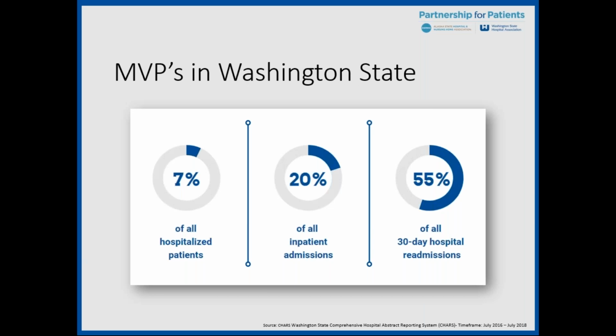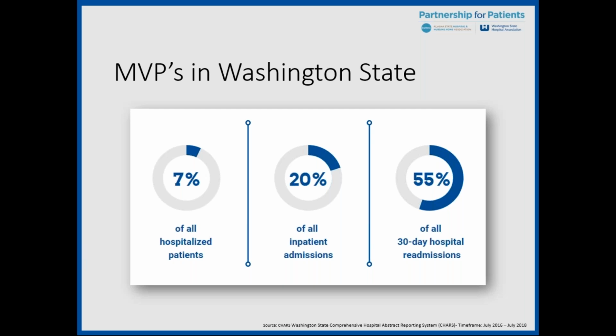So we're able to pull data for Washington State to see what MVPs look like in our state. The data source here is the Washington State CHARS database, which is the inpatient hospital claims database for our state. And the distribution is that MVPs make up 7% of all hospitalized patients.